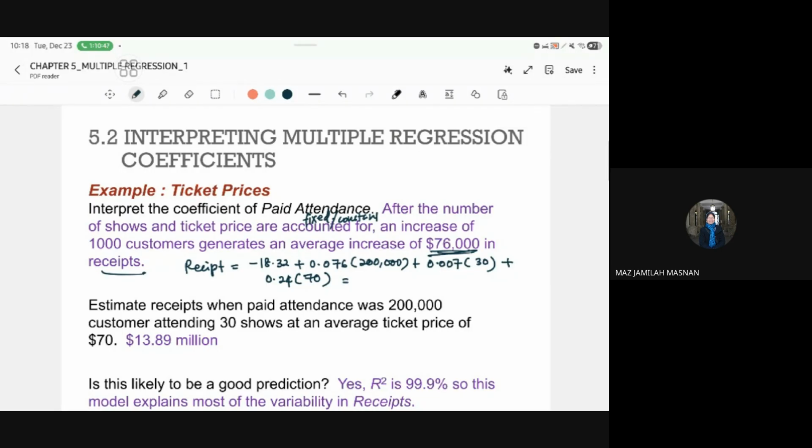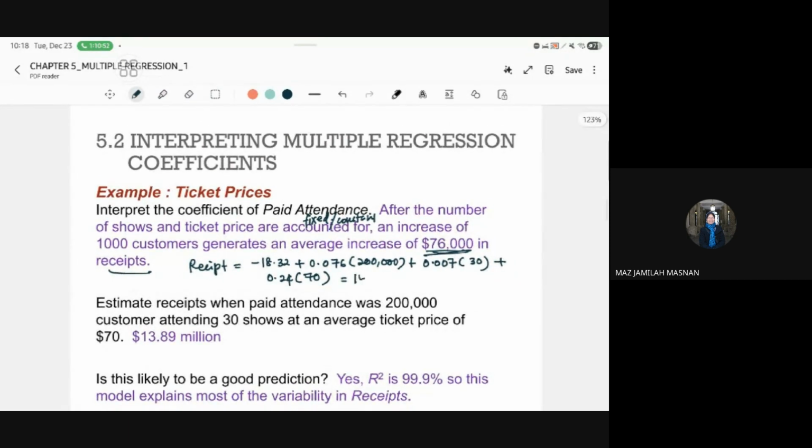If I'm not mistaken, if I calculate this, I get 15.19869, because the receipt is in million. So it will be 15.19 million, not 13.89. I will check this one.